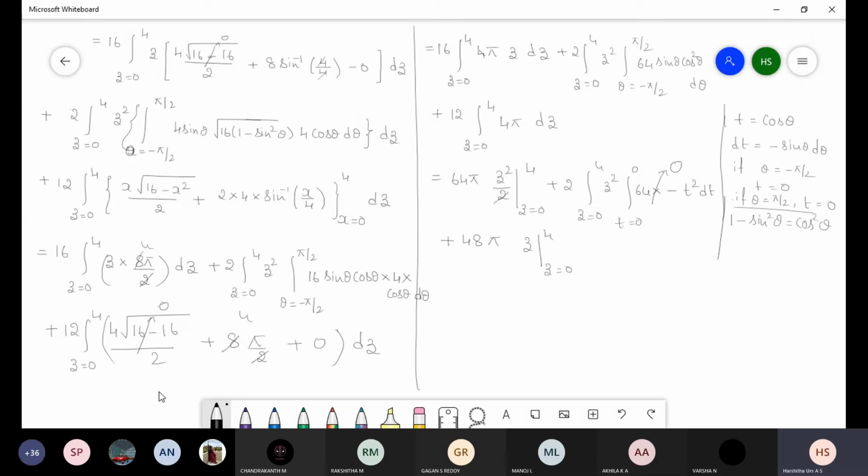So here 2 ones are 2, 32s are 64, so 32 pi into 16 plus 0 plus 48 pi into upper limit 4. So here we get 512 pi plus 48 into 4 means 192 pi. So when we add, we get 704 pi.